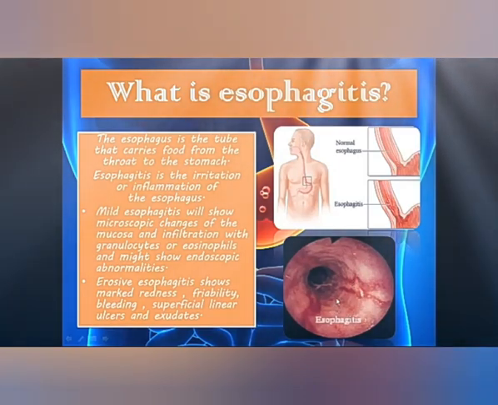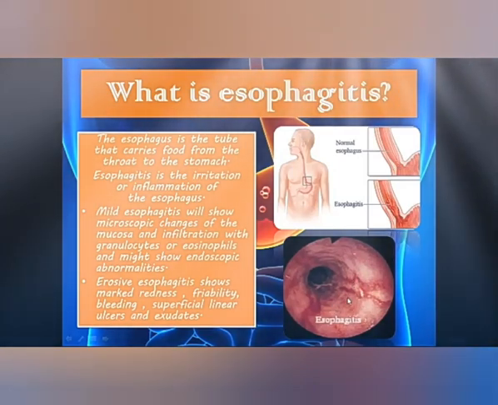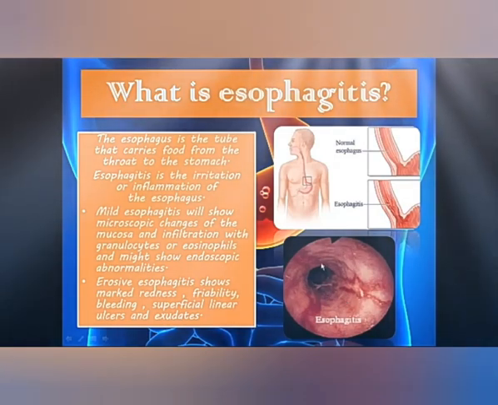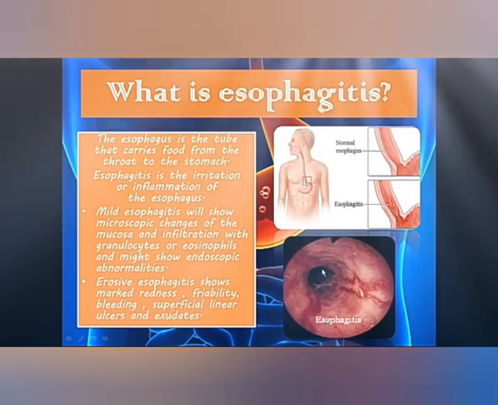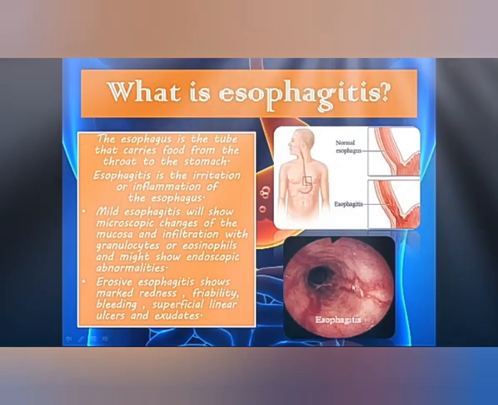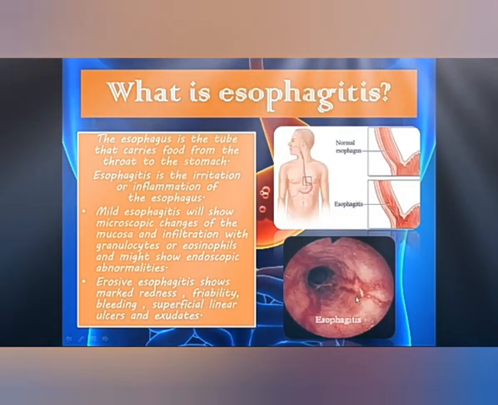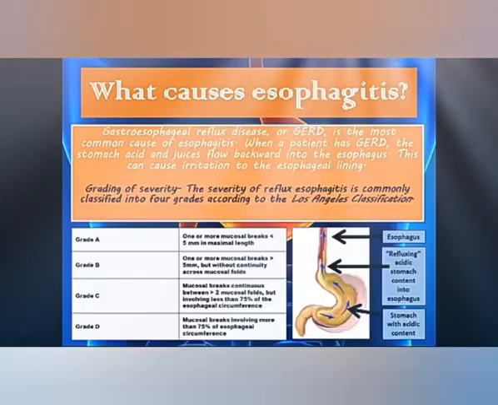And at the bottom here, you can see what esophagitis would look like on an esophagoscopy, which is basically an endoscopy but just shows the esophagus. So you can see here the irritation, the marked redness, the friability, bleeding, and you can also see what looks like a bit of ulcer formation.